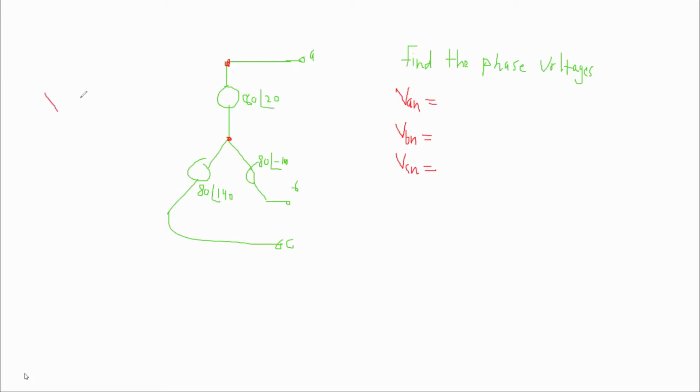This is Y connection, by the way. What is VAN between this point and this point? 80 angle 20. Then between B and C, it's this source, so 80 angle minus 100. Then 80 angle 140.